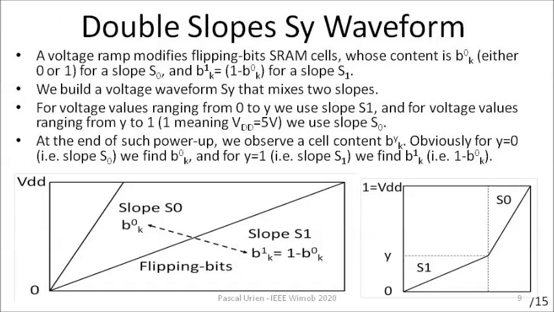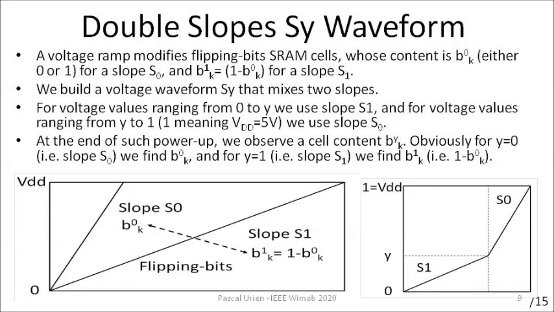Let's introduce double slopes SU waveform. A voltage ramp modifies flipping bits SRAM cells whose content is B0 key, either 1 or 0 for a slope S0, and B1 key equal to 1 minus B0 key for a slope S1.